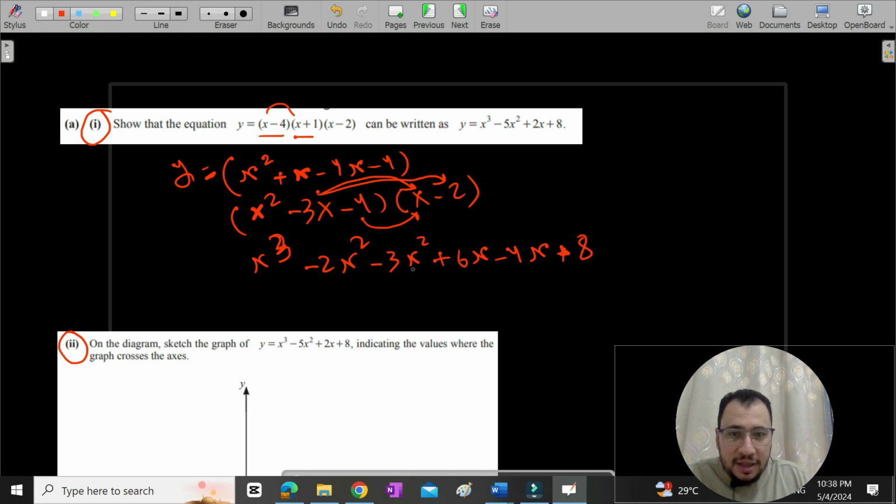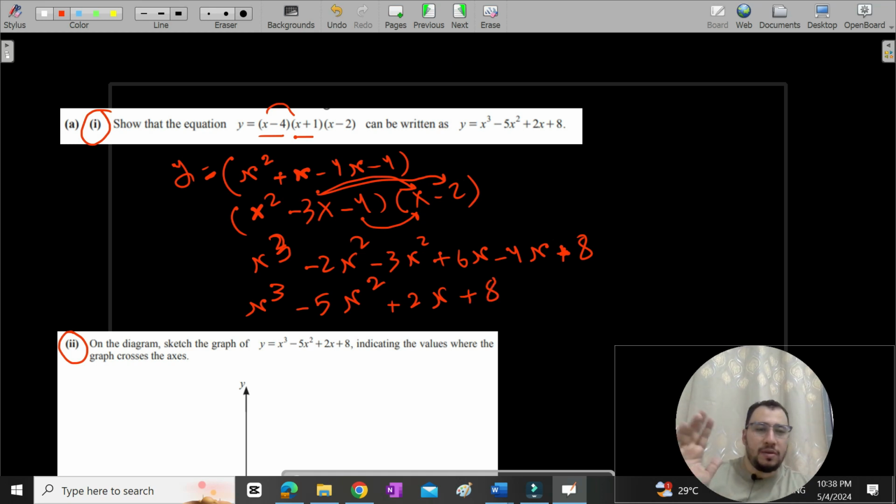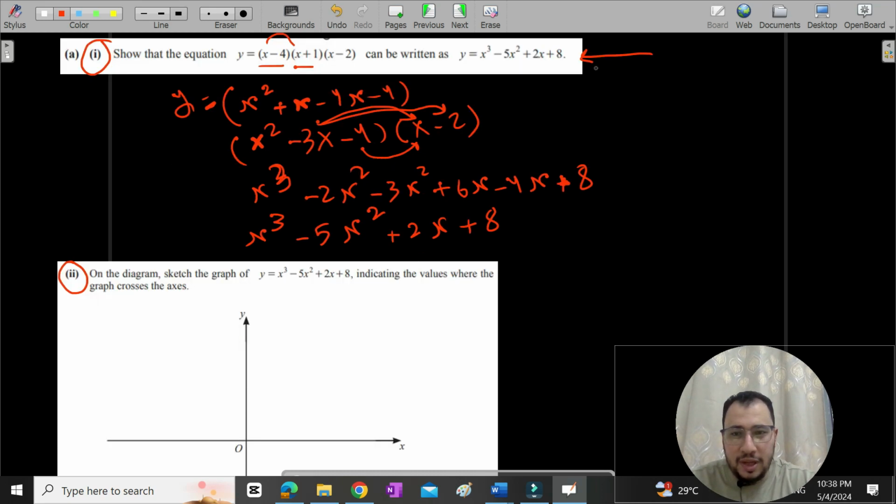Simplify by combining like terms: x cubed, negative 2x squared and negative 3x squared give negative 5x squared. Here 6x minus 4x is positive 2x, and this is plus 8. Of course, if you didn't get that answer, you did something wrong, so you have to go back and check your answer.